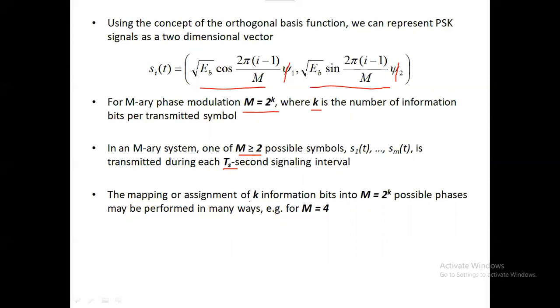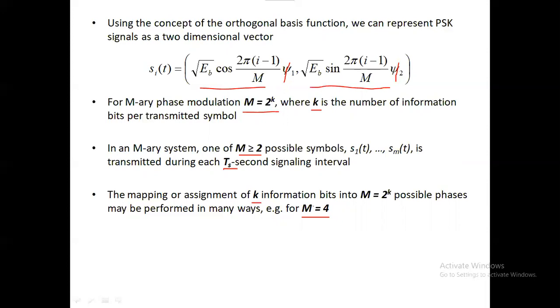So we have a very common type of phase shift keying, which is quadrature phase shift keying. And in quadrature phase shift keying, we have several variants of it. In this, we are using the value of M equal to 4, and the value of k equal to 2.